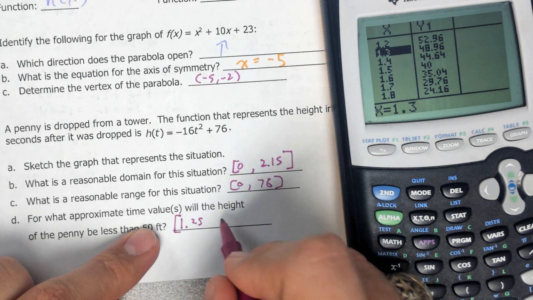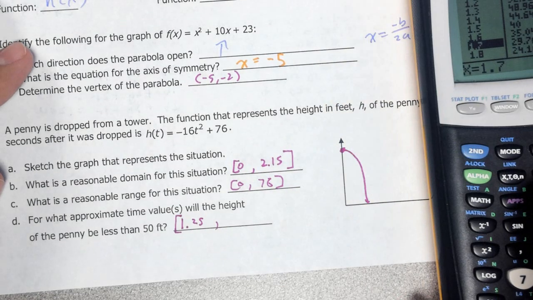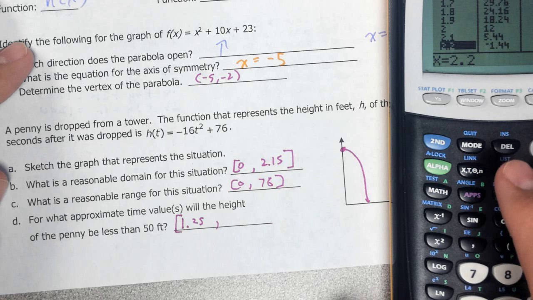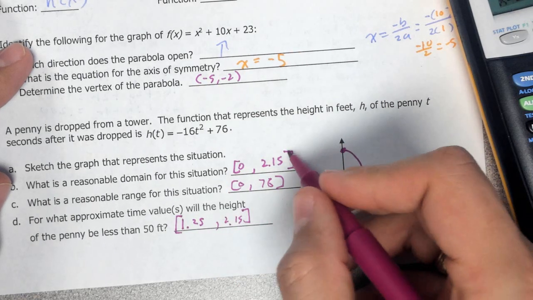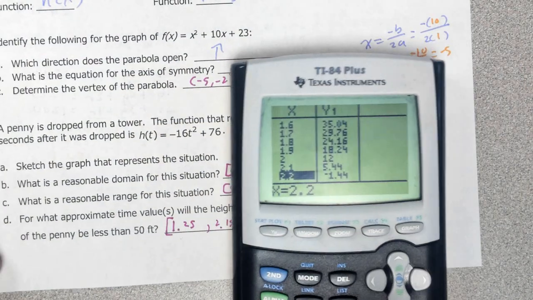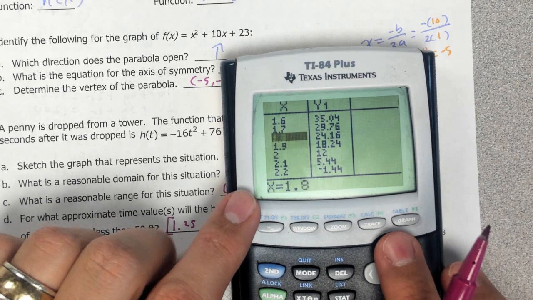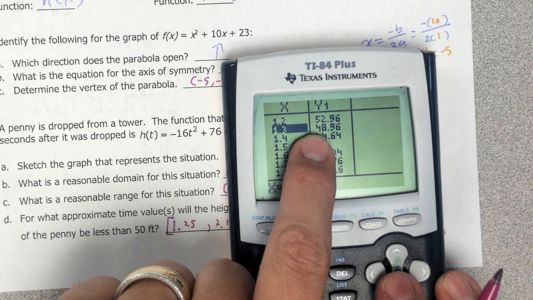So 1.25 to, it'll technically go on forever, but let's just say it will go on to this 2.15, which is where it would end. But anything after 1.25, that's where it will be less than 50. That's where it would start being less than 50.